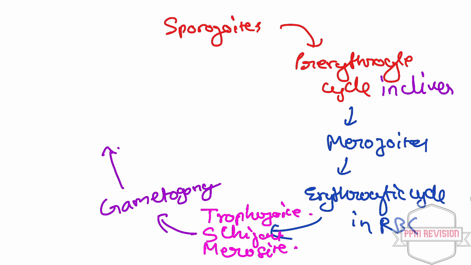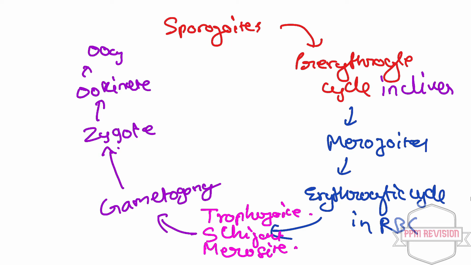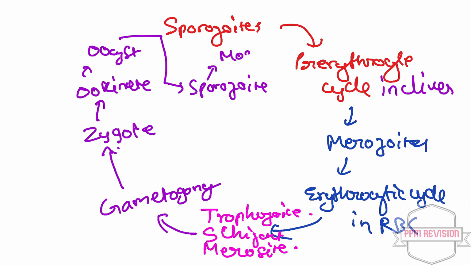Afterwards it leads to zygote, and this again forms ookinete. This forms oocyst. Then sporozoites, and the mosquito transfers it from itself to another human being.